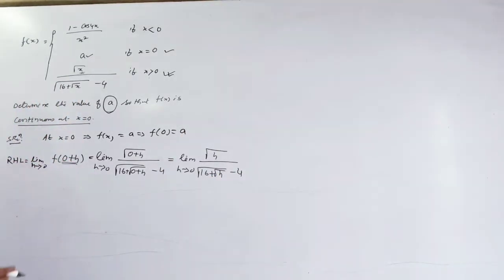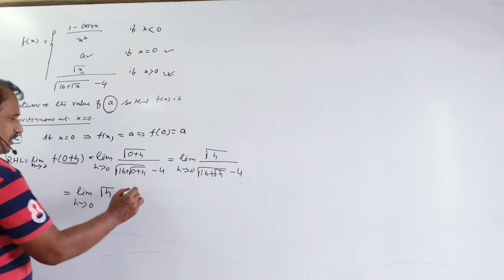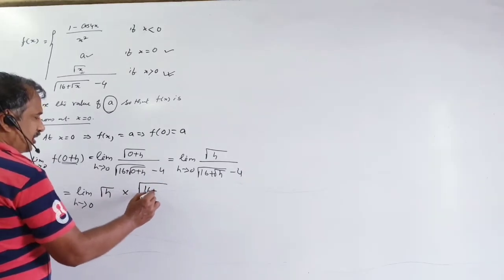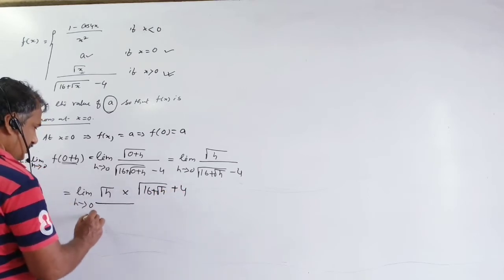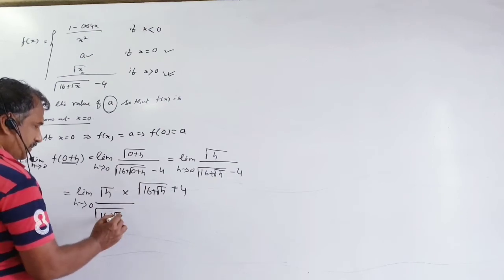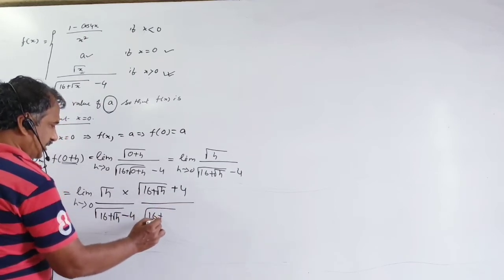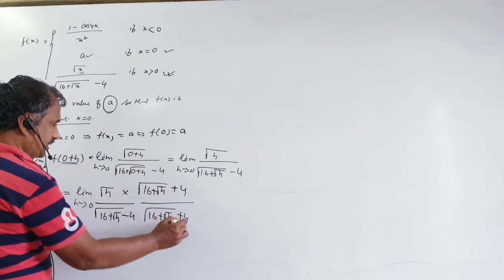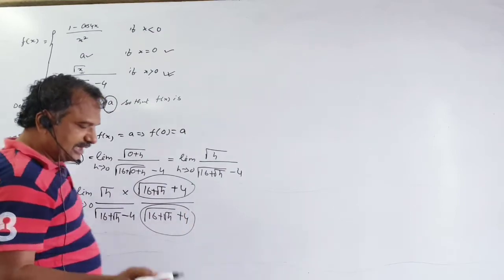Now use rationalization: multiply and divide by root of 16 plus root x plus 4.